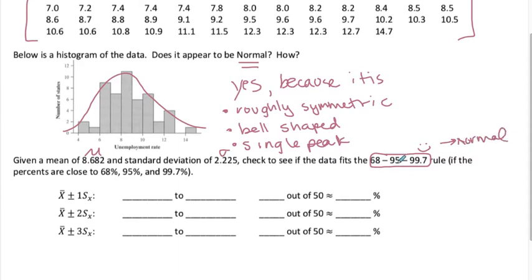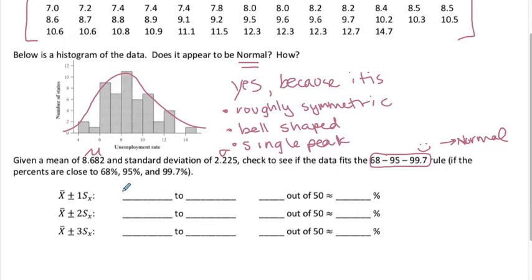If it's not pretty close to this, it's likely to be roughly symmetric or approximately normal, but it wouldn't be exactly normal. And typically, most data sets are going to be approximately normal. If it's far from our empirical rule of 68, 95, 99.7, then we would say that it is not normal. We would just go back to saying it's symmetric.